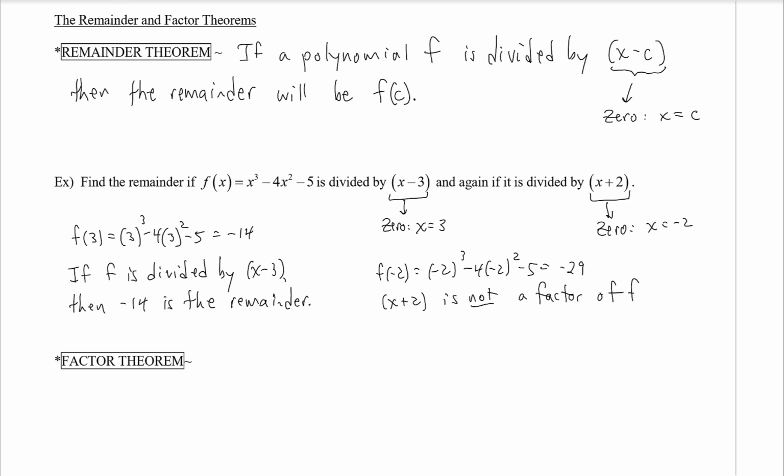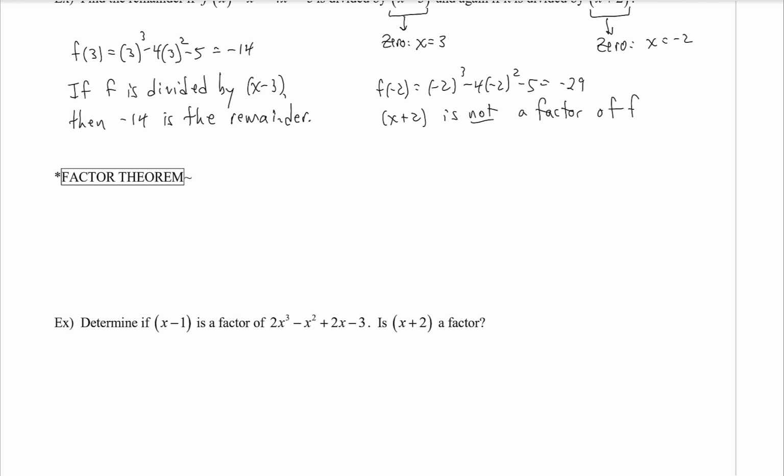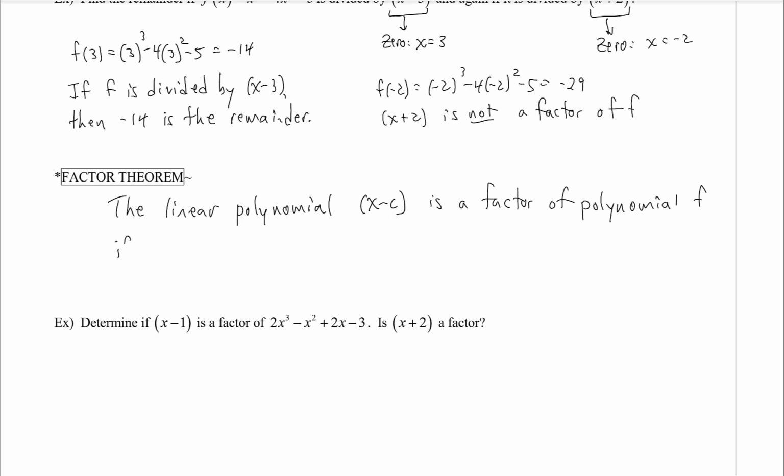Well, that leads us to our next theorem, which says that the linear polynomial x minus c is a factor of polynomial f if you plug in the 0 associated with that factor and you get y equals 0 for the whole polynomial.